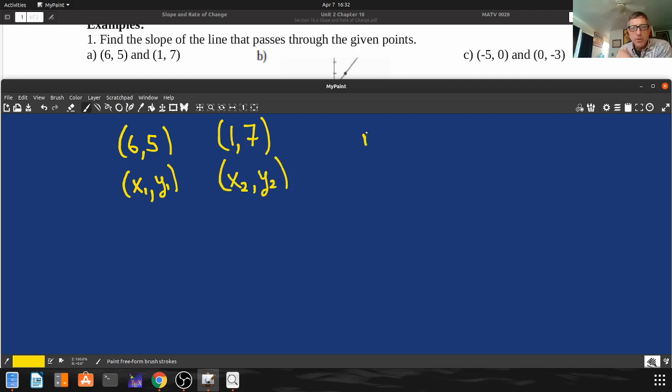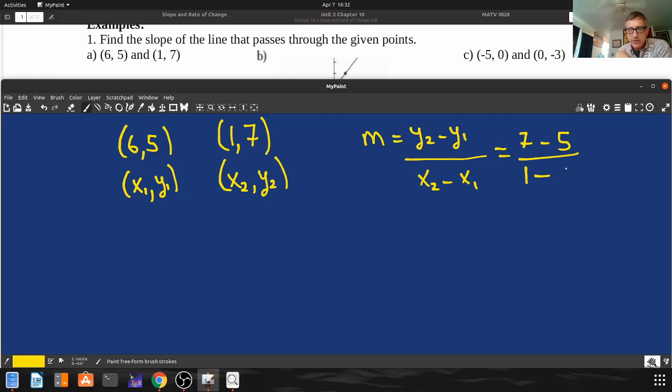So the slope, m, is equal to y2 minus y1 over x2 minus x1, which is equal to 7 is my y2 value, 5 is my y1 value, and 1 is my x2 value, and 6 is my x1 value.